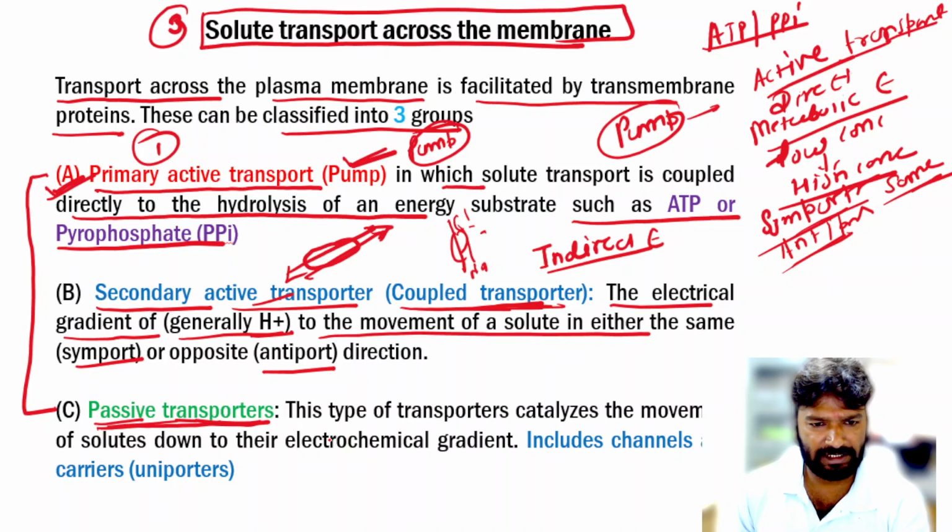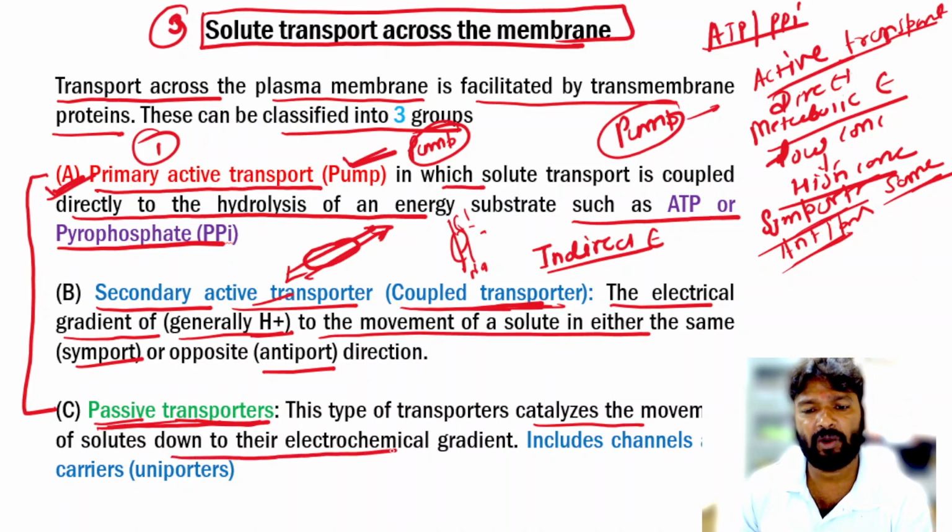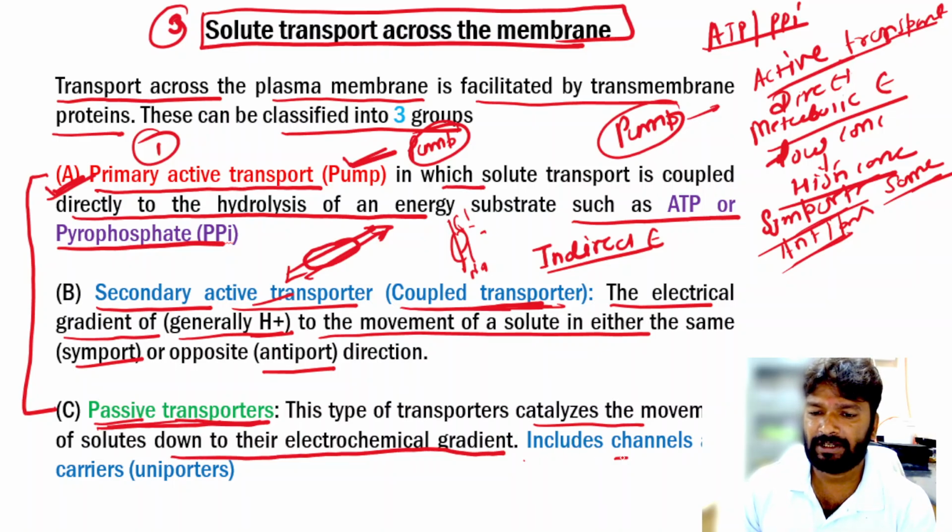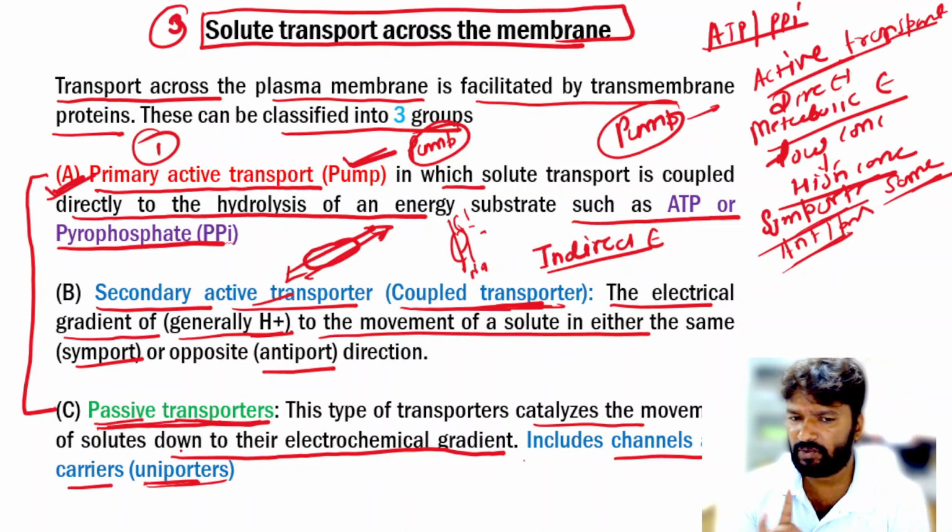So as the name says, this type of transporter catalyzes the movement of solutes down their electrochemical gradients, and this includes the channels and carriers or uniporters, means only in one direction, not in two directions.